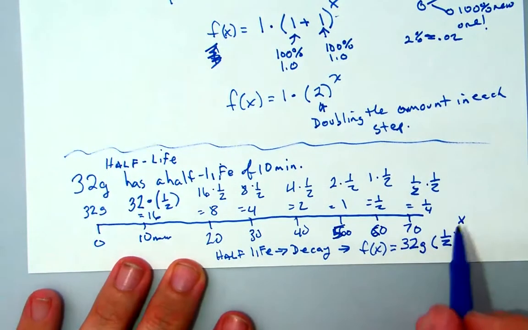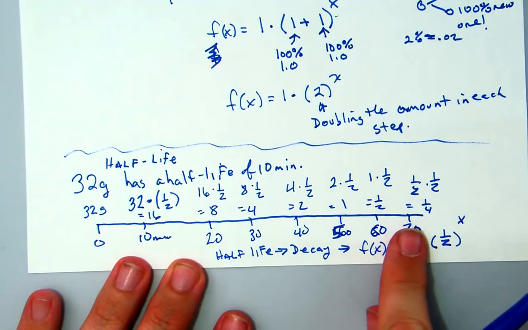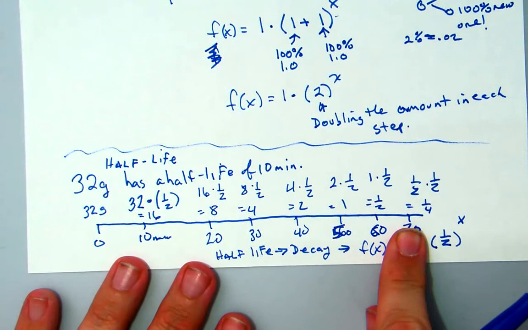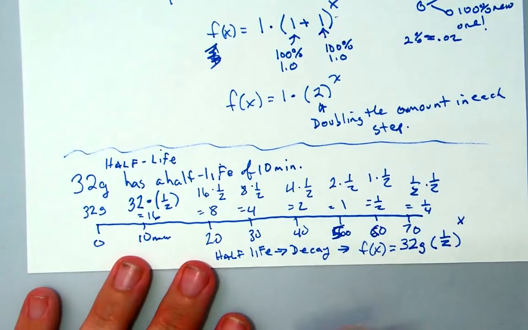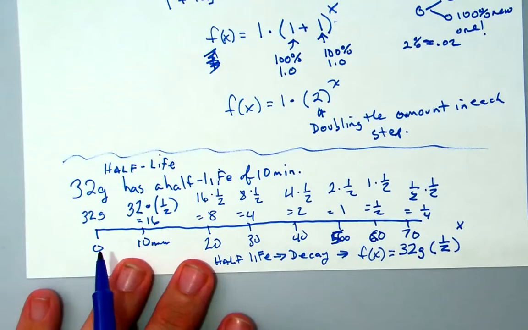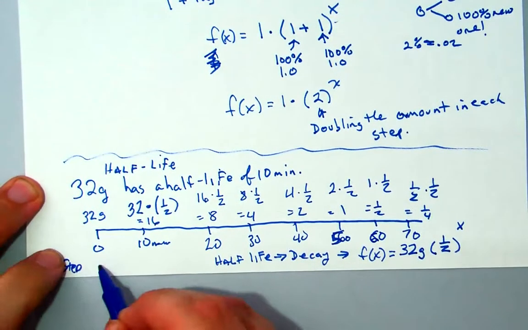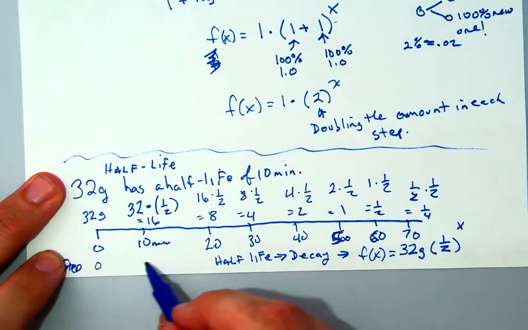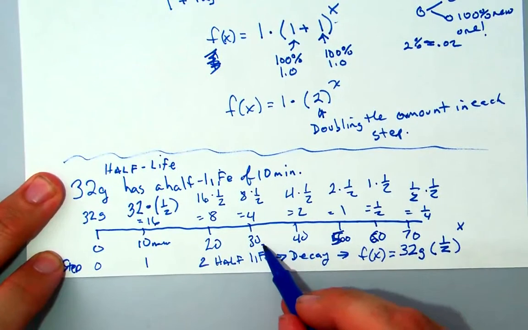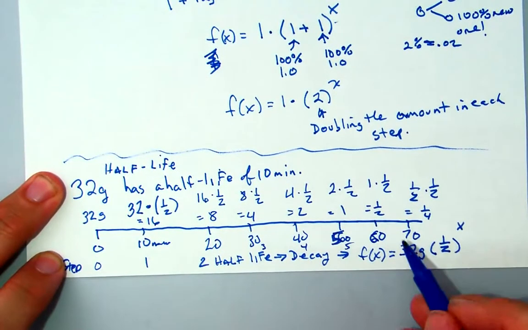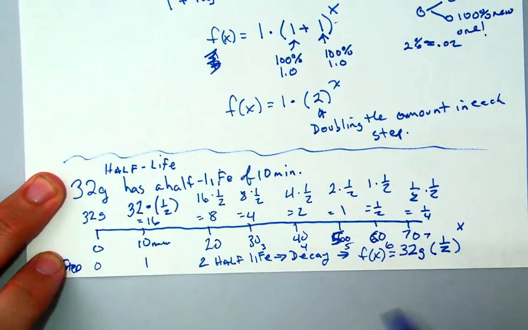So if we raise it to 0, 1/2 to the 0 power is 1. Anything to the 0 power is 1, and you got the whole thing. So at step 0, we get that. This is step 0. That's step 1, step 2, step 3, step 4, step 5, step 6, step 7.